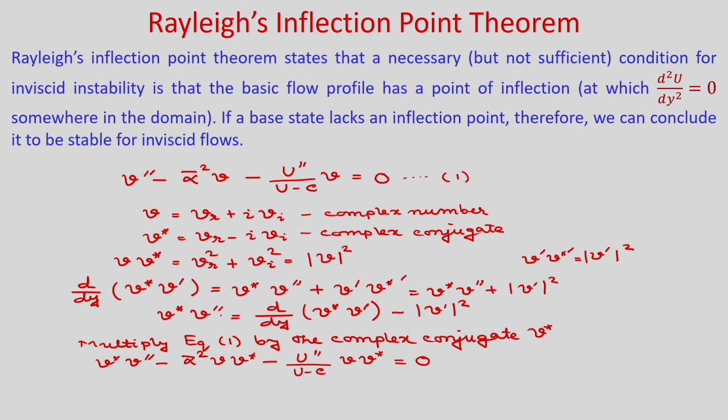Now from this relation we can represent this by this, and v star v in these two places we can write mod v squared. So we will get d/dy of v star v prime minus mod v prime squared, minus alpha squared mod v squared, minus u double prime divided by u minus c mod v squared, equal to 0.